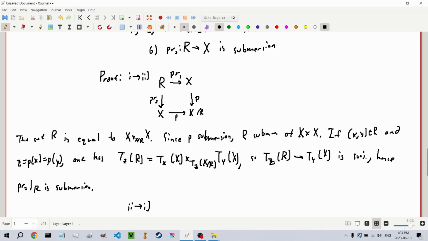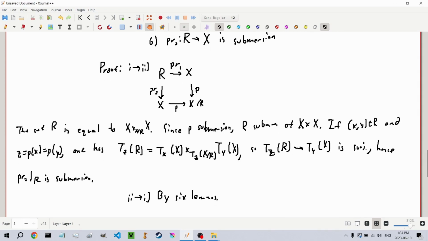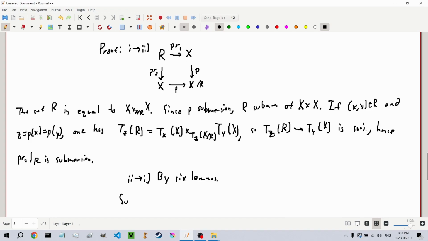And 2 to 1 is by six lemmas, it says. So that's going to be fun. We'll be working through that. First off, we need to see, suppose U is a subset of X. We're going to set R of U to be the intersection of R with the product of U with itself.